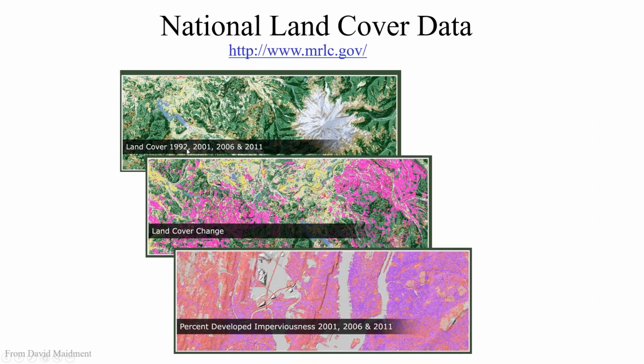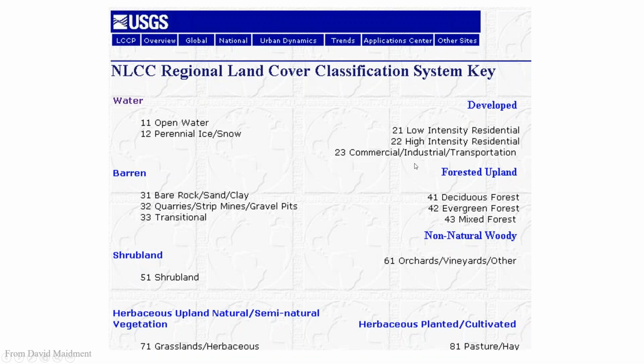So you can see the land cover from 1992, 2001, 2006, and 2011, and look at land cover changes, and look at things like percent developed, percent impervious. That tells you something about the hydrology and how the hydrology may be changing. So land cover is classified using an encoding where these numbers are commonly used: 11 open water, 12 perennial snow ice.